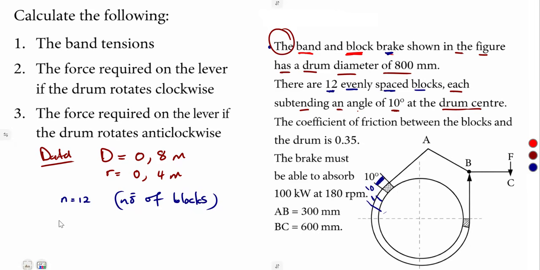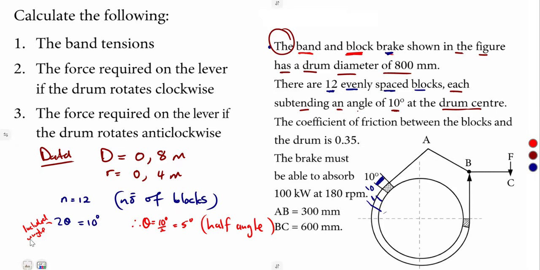So already we have 2 theta equal to 10 degrees. Therefore the half angle theta is 10 over 2, which is 5 degrees. So there is the included angle and the half angle.